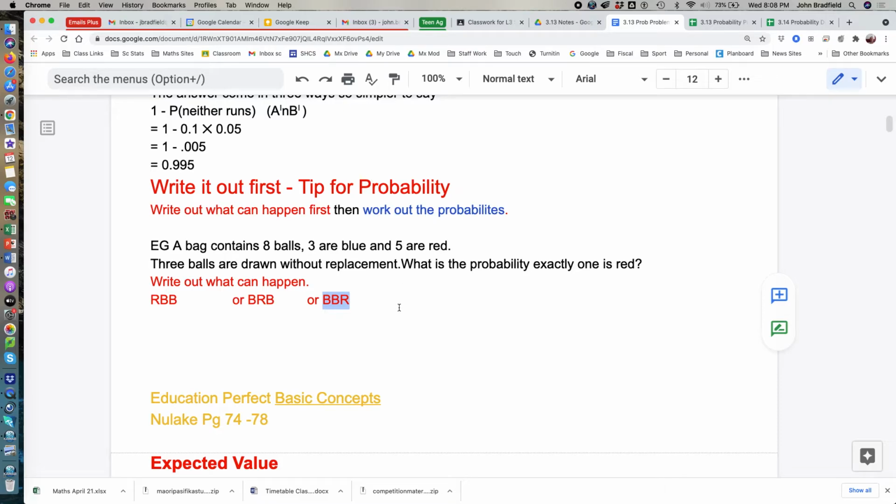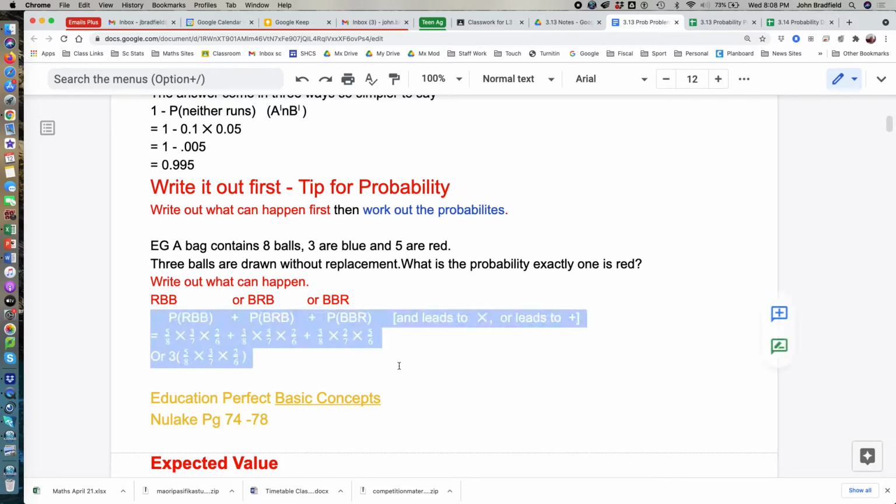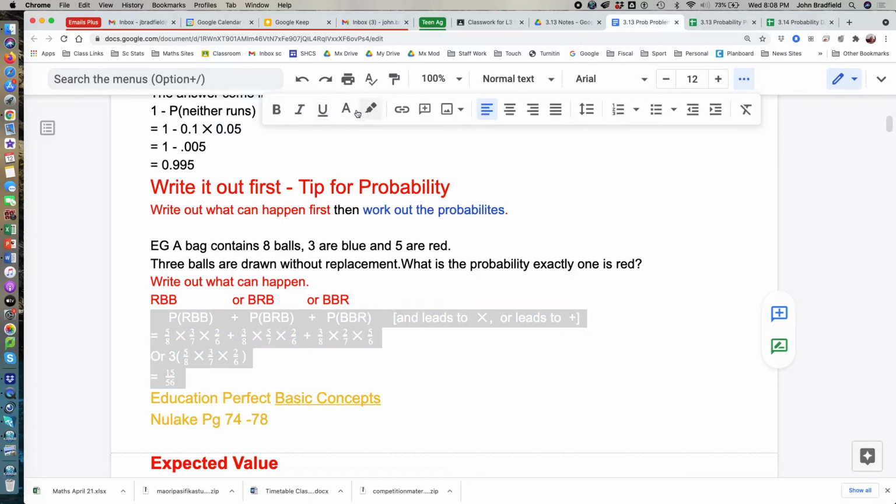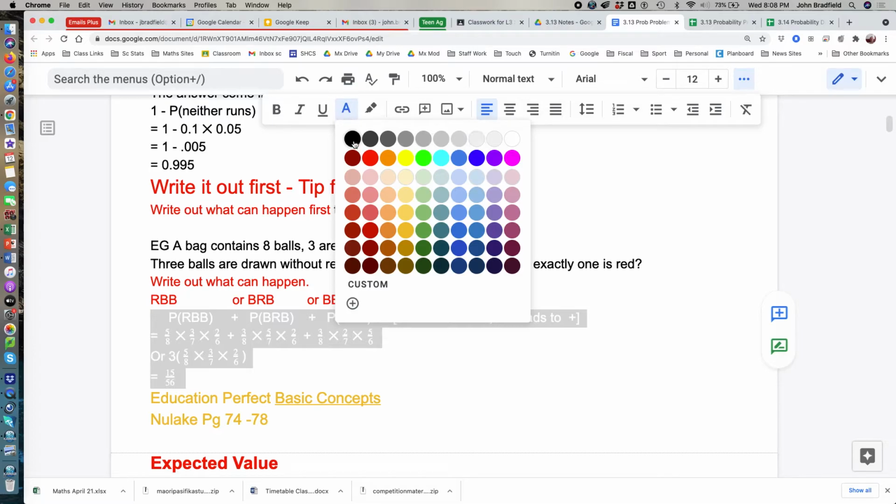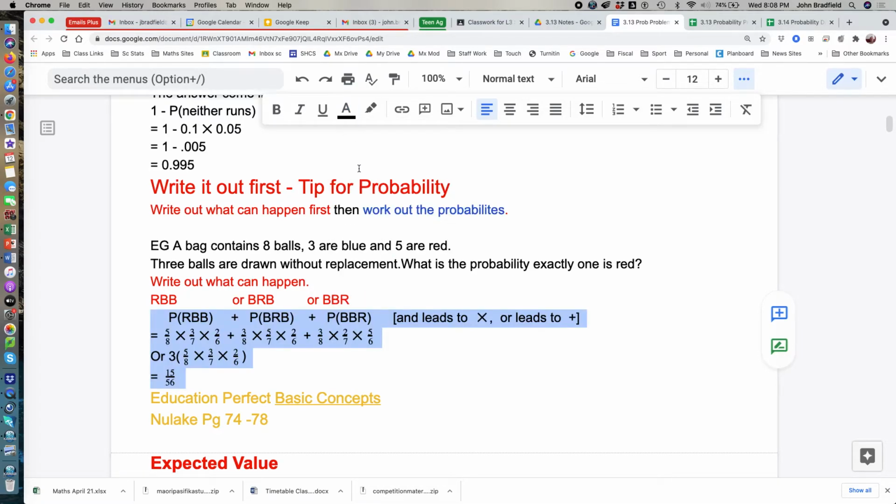And then after we've done that, we can then bother with the probabilities. And another way of writing it is probability R, B, B, and so on. So P with something in the brackets, just the probability of what's in the brackets happening.